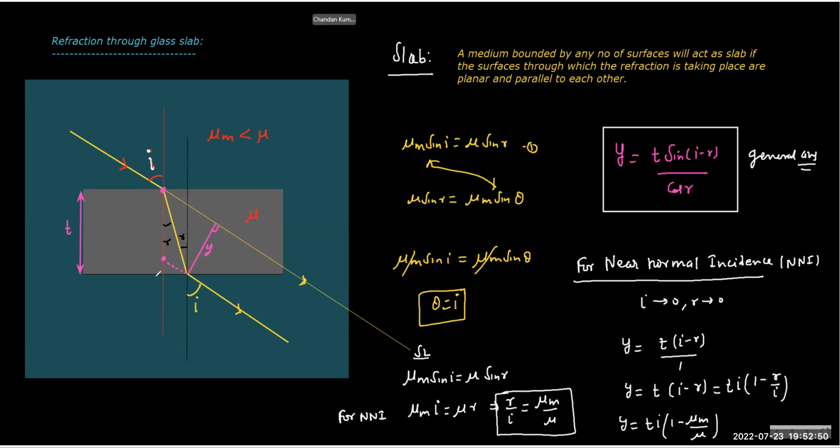Any light ray which is coming from the nearer surface looks to the other end like it is coming from a different point. So this point appears to be coming or shifting here. There's no magnification, there's only shifting.